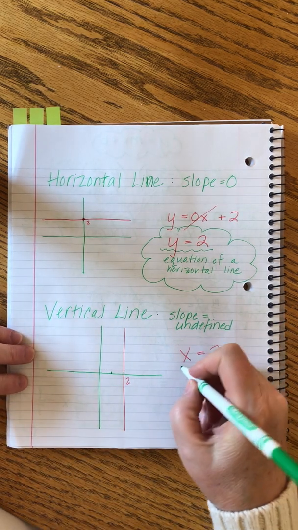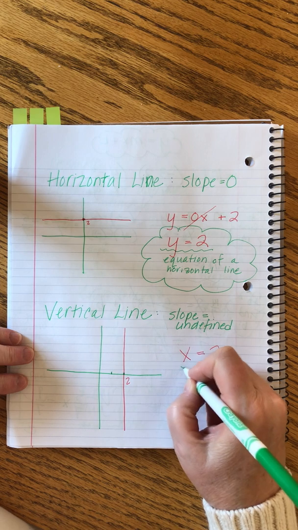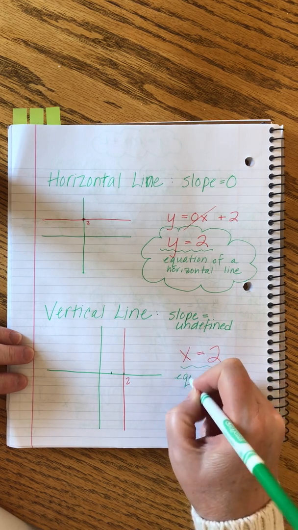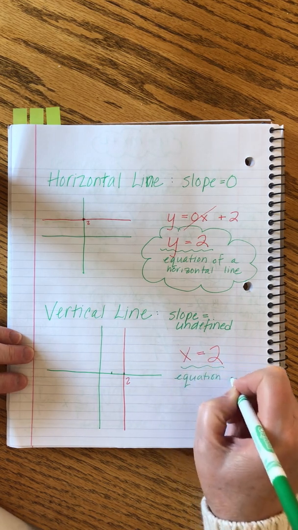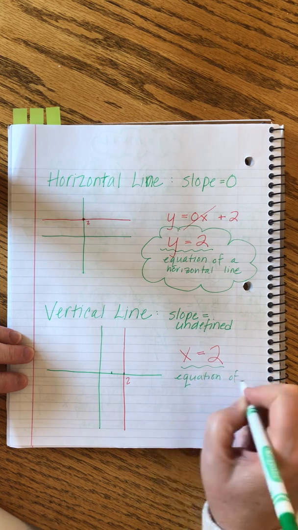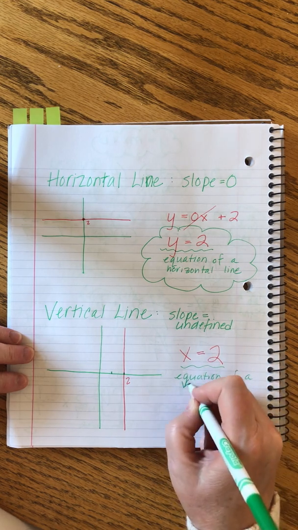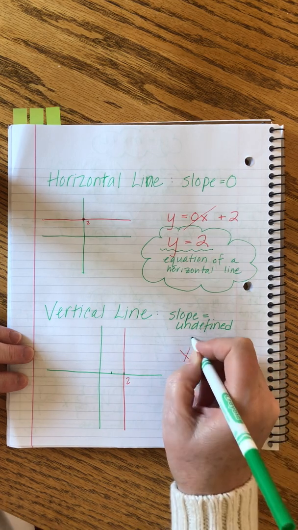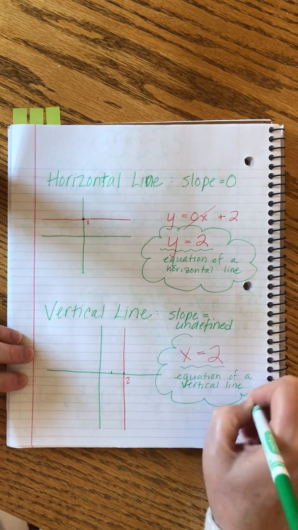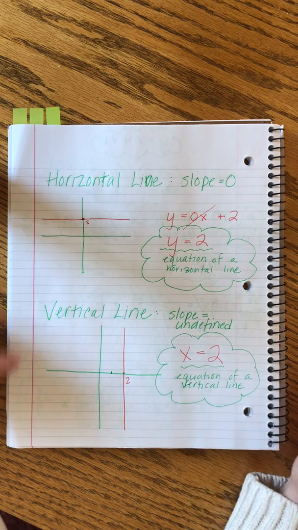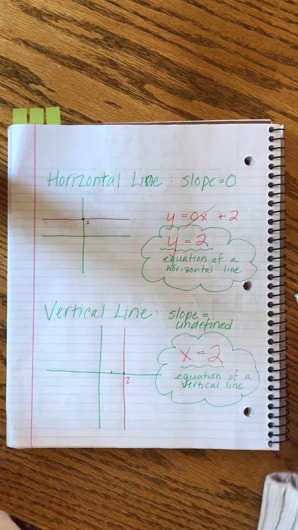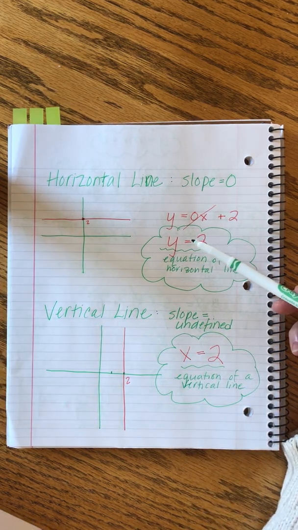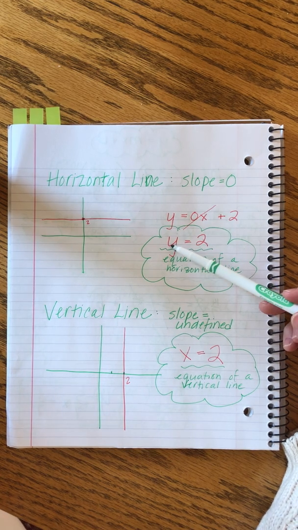That is how we write the equation of a vertical line. So, they're both weirdos, the horizontal and the vertical line, but I consider the horizontal line to be a lesser weirdo because at least he has a y.